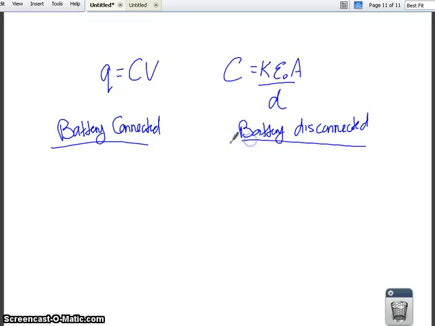The question will go something like this. If the battery is connected, and I increase the distance between the plates, what is going to happen to the voltage?